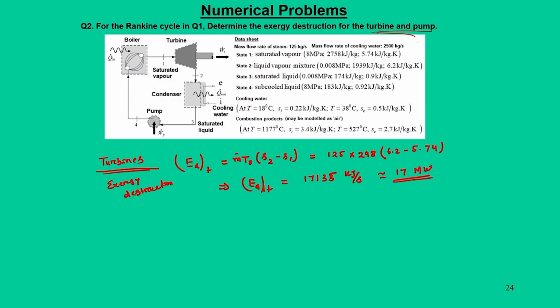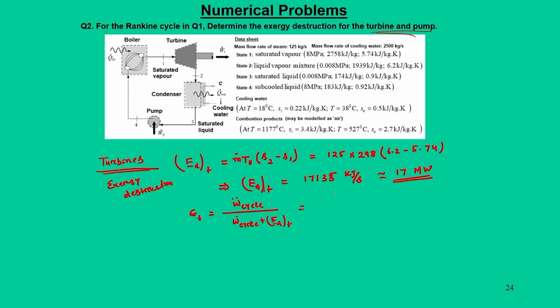Remember, this is the exergy destruction, and if you calculate the exergetic efficiency epsilon for the turbine, that is nothing but W dot cycle divided by W dot cycle plus ED turbine.